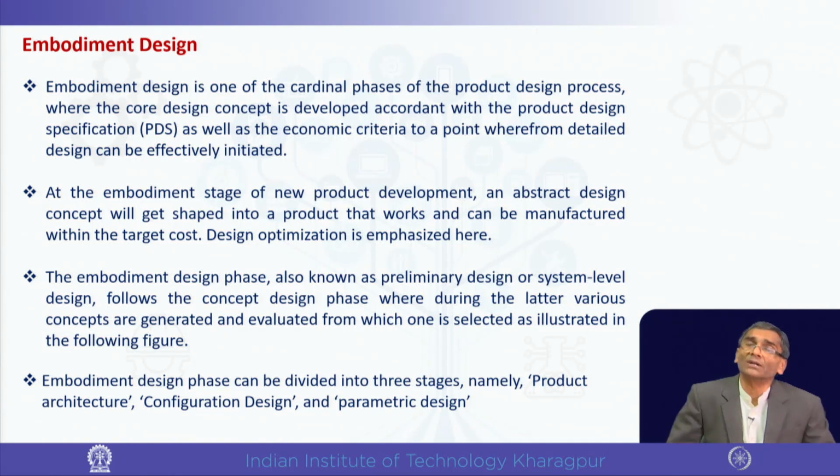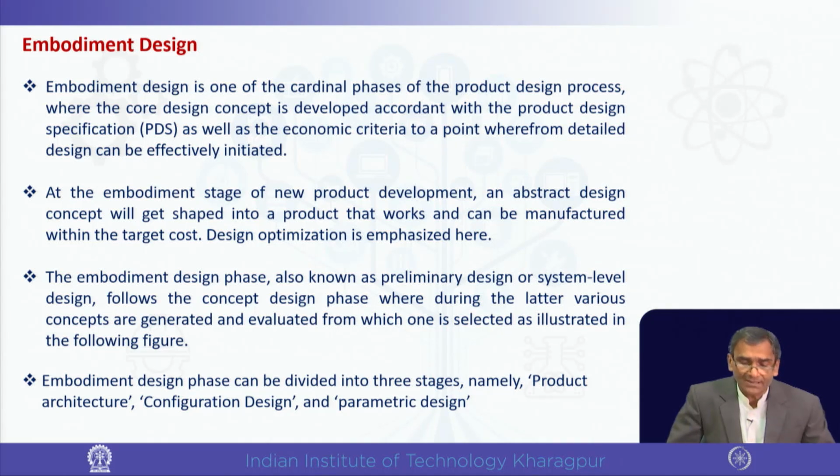I have already explained the target cost. Design optimization is emphasized here. Different components are being used, and naturally what will be their sizes, etc., we will discuss under the different stages, those three stages, as I have already said.